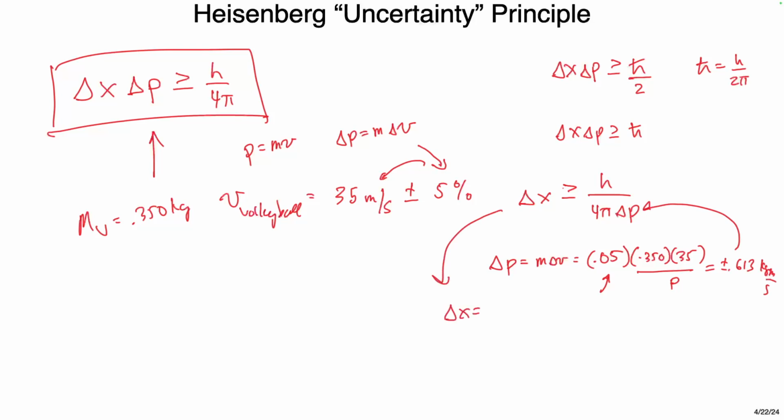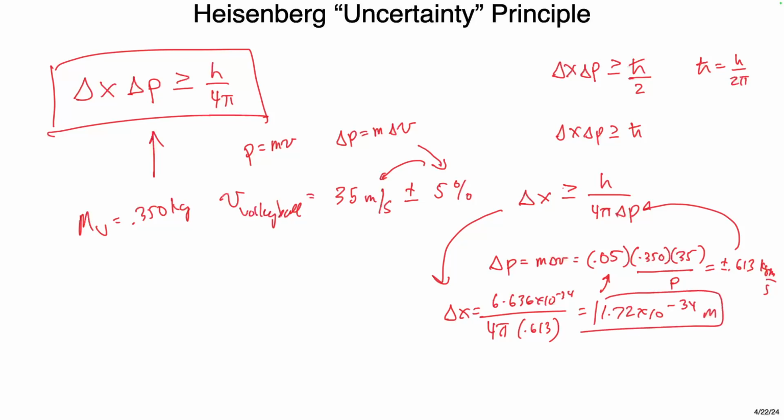So delta x, the uncertainty in position, would be measured as Planck's constant, 6.63 times 10 to the minus 34, all divided by 4 times pi times 0.613 equals, and I got 1.72 times 10 to the minus 34 meters.